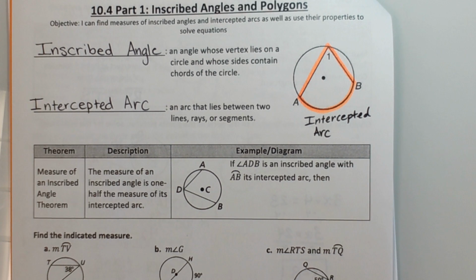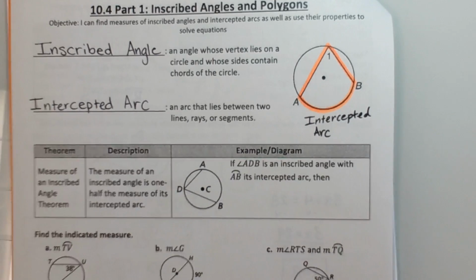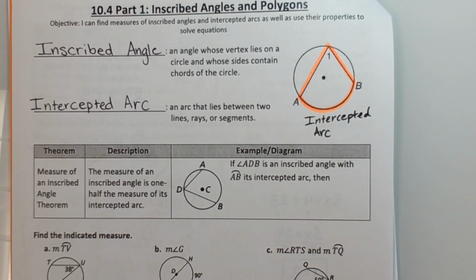Now, central angles ended up having the exact same measure as the arc itself. Inscribed angles don't. I'm pulling out an invisible sticky note because I want this to show up on the recording, but I don't want you to actually write this down.